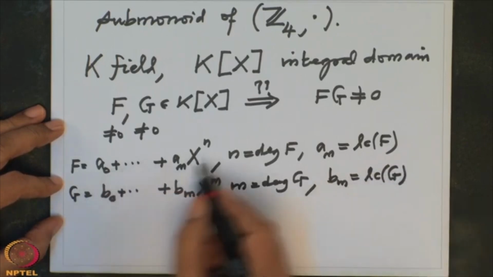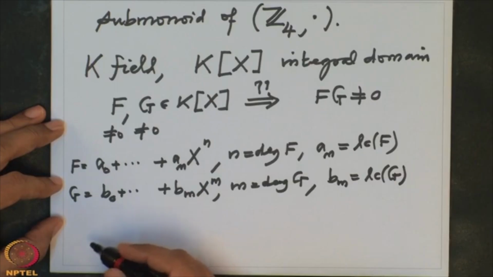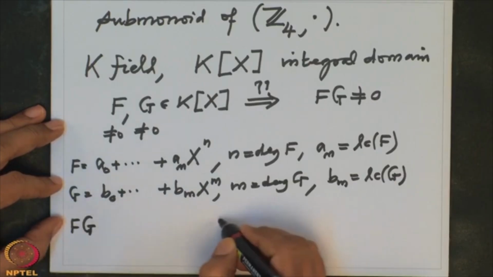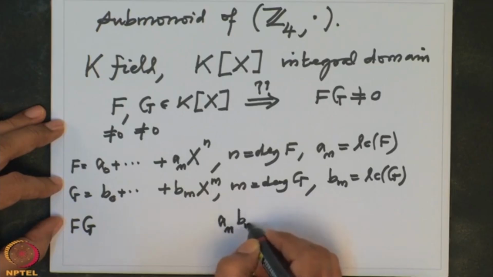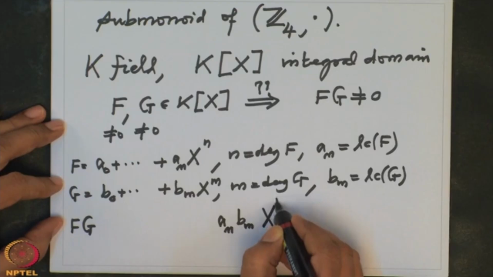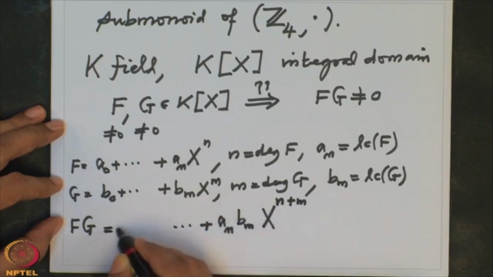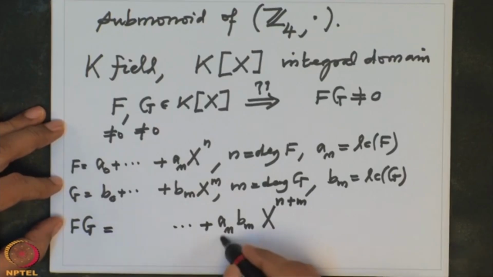What our multiplication will tell us is that f times g has top degree term precisely an bm times x^(n+m) plus the lower degree terms. So this is the highest degree term.